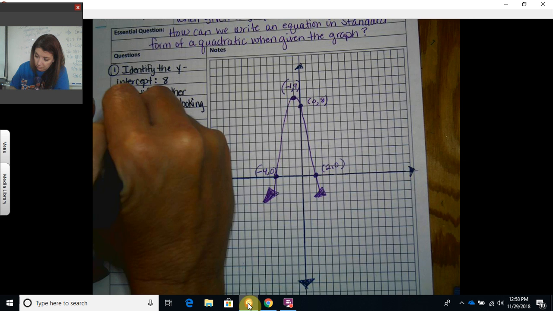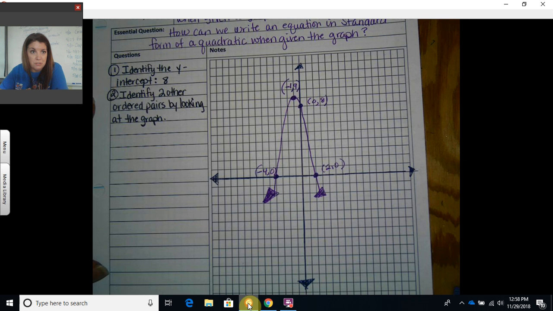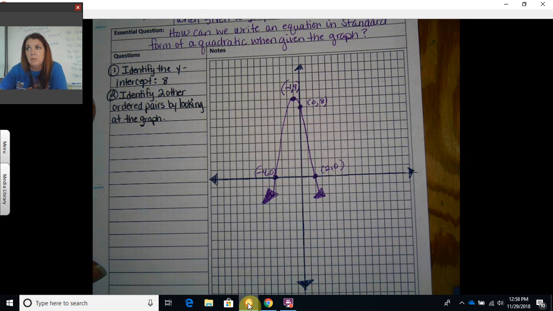And it can be any other 2 ordered pairs. Just don't use the y-intercept. You want it to be 2 different ordered pairs than that. Okay? So I know 3 ordered pairs at this point. I could use -1, 9, -4, 0, 2, 0, any 2 of those points.